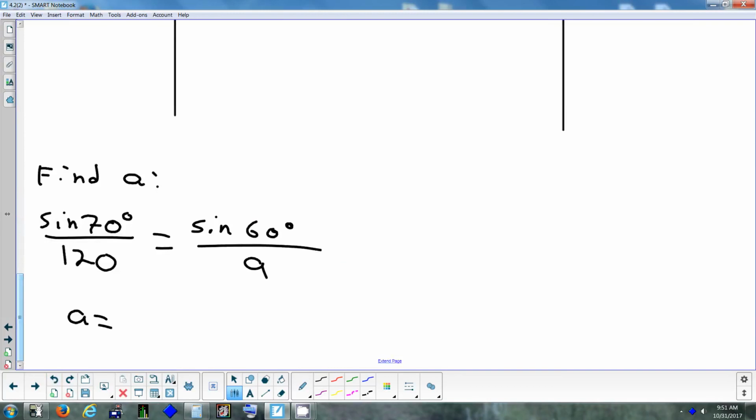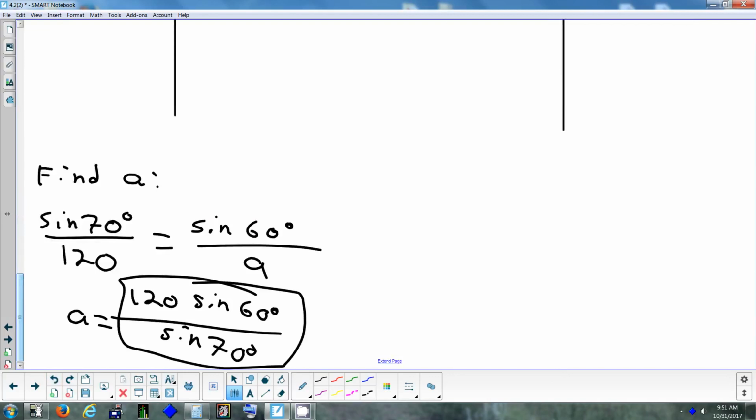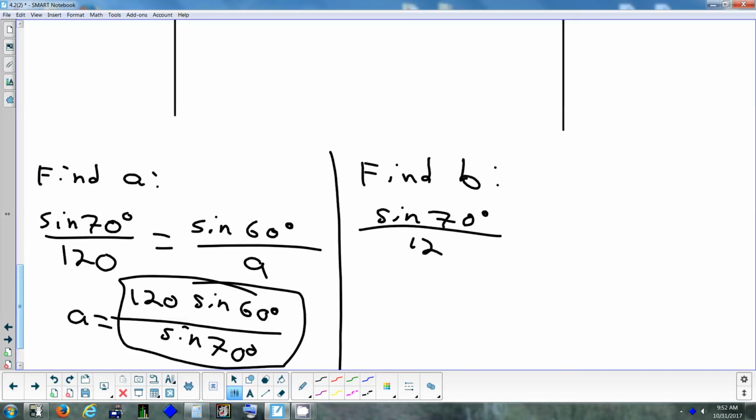So on your calculator, you type in 120 sine 60 over sine 70. Okay? So that you can find directly. You don't have to find something else first, like in the last problem. And that's the distance from the boat to the first station. And then do it one more time to find the distance from the boat to the other station. Still going to use sine 70 over 120.